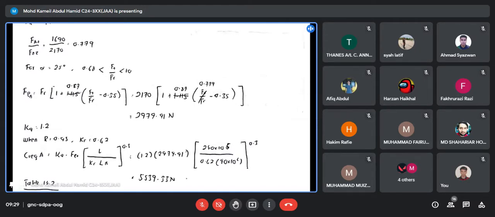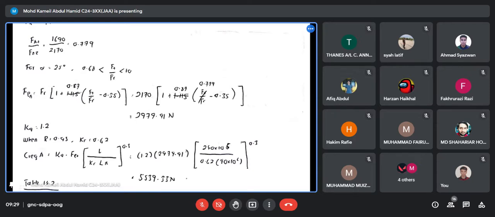Okay, so 2.35. Okay, so salah equation tu, Shazwan, 0.87. Betul minus. Okay, so tengok, be careful. Don't use the 0 degree punya. You're supposed to use the 25 degree punya equation.